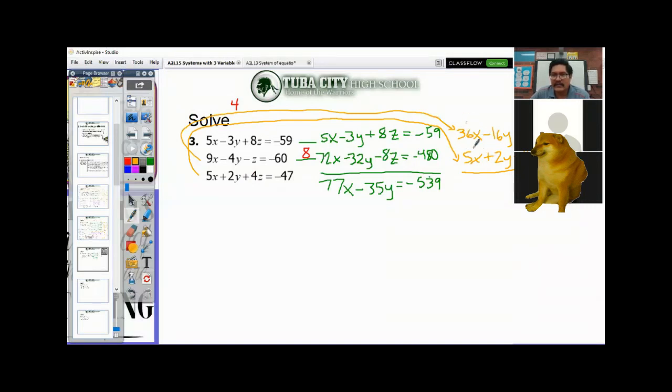Let's go ahead and combine these to get our equation B. So 36 and 5, that's going to be 41. And let's see, y, I have negative 16y, so that's going to be 14y. Z cancels out, which is good because now they're both missing the z.